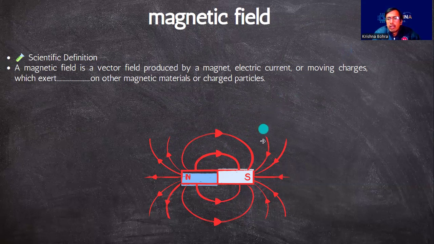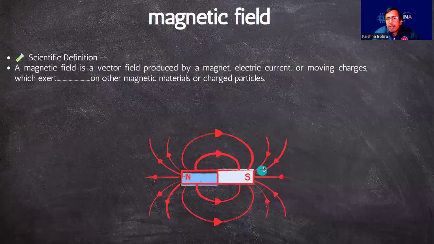The reason is that this magnet has a limited magnetic field, and these fields are denoted by virtual magnetic lines. What do I mean by virtual magnetic line? These magnetic lines actually do not exist.